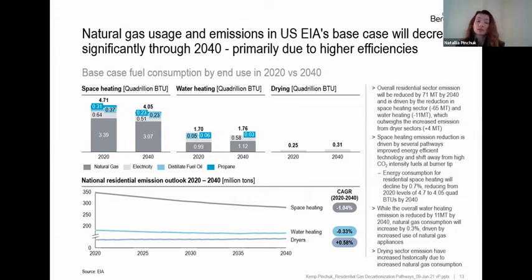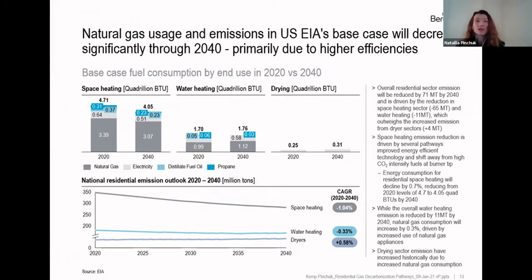We also know that there is a little bit of fuel switching going on. So for example, there are still households that use heating oil or kerosene or other dirty fossil fuels for heating, both space and water heating. And a lot of times that gets switched to natural gas.